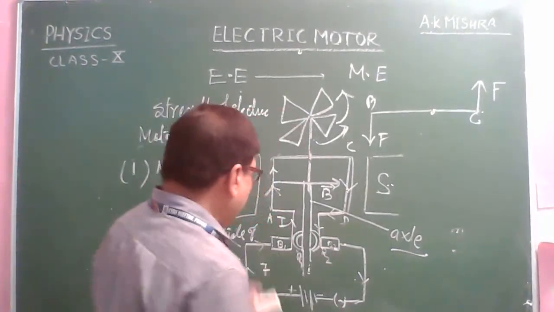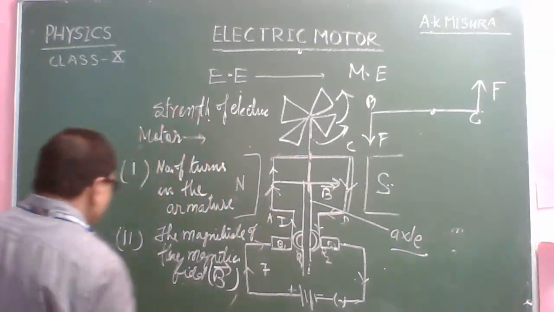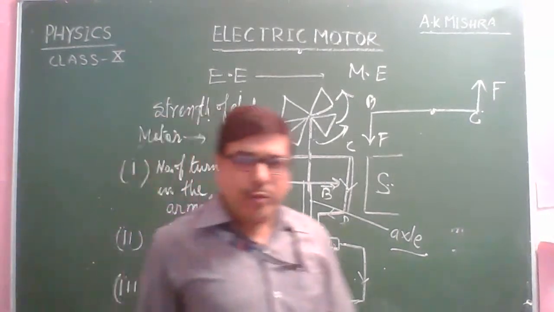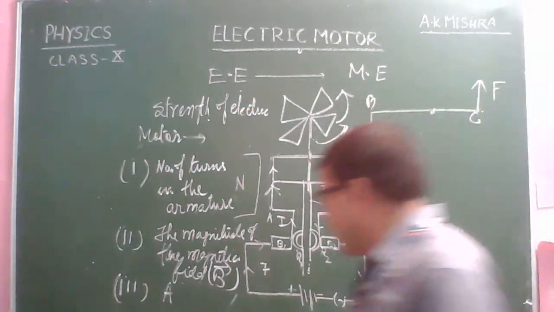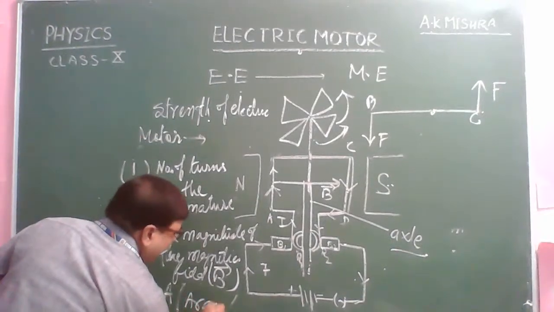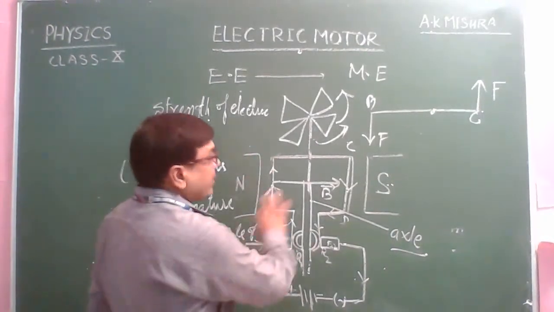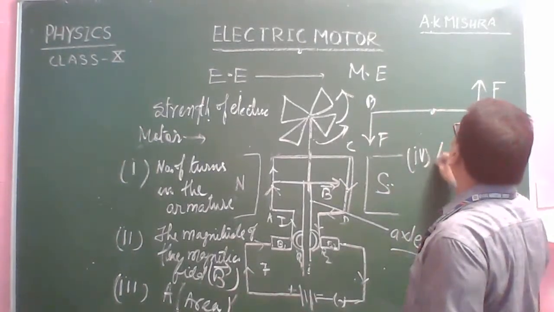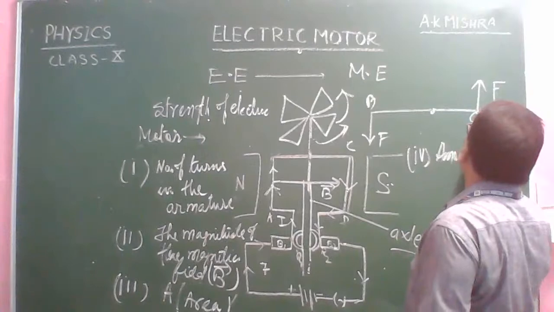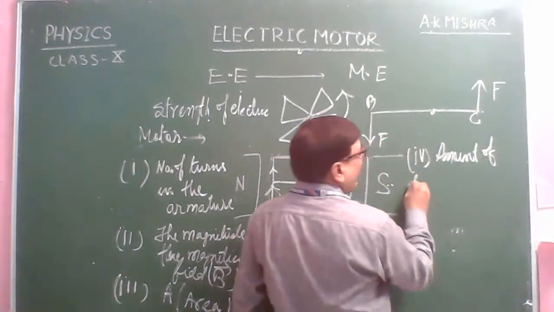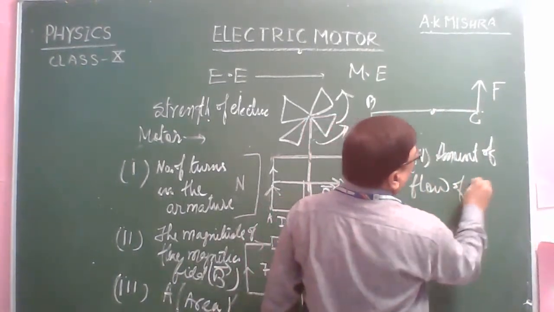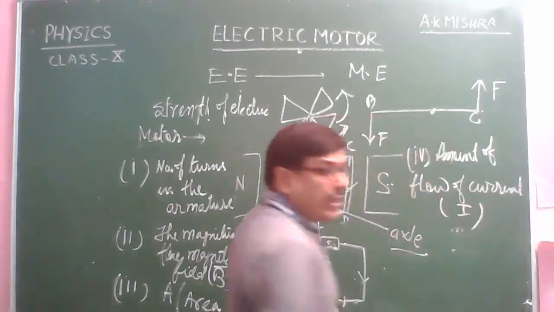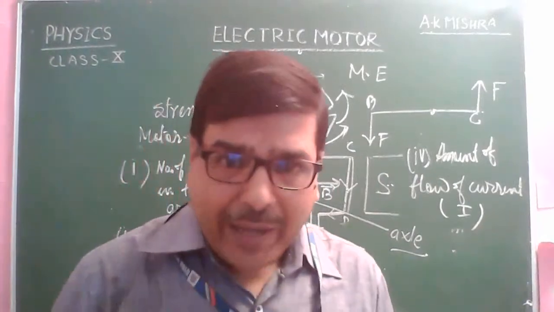Third factor is the area of the rectangular coil, the area of cross section of the rectangular coil. And the fourth is the amount of flow of current I. These are the factors.